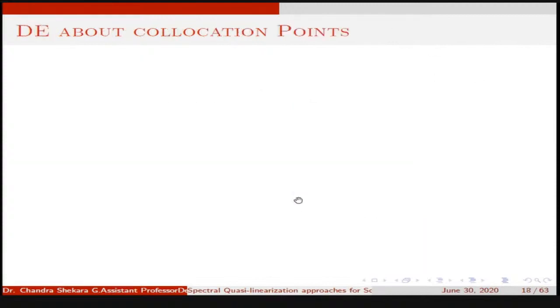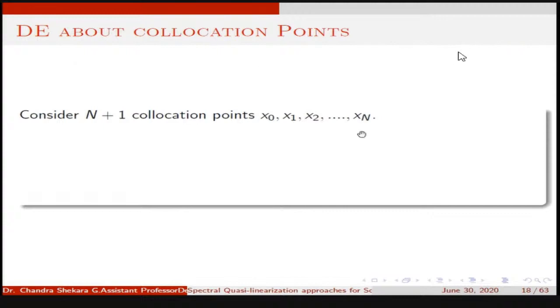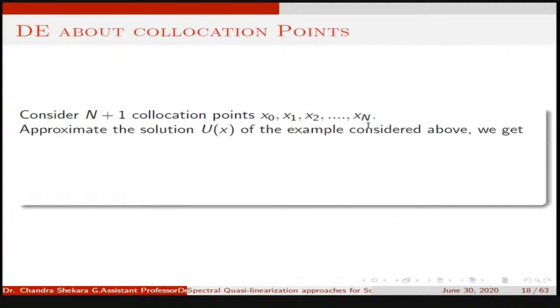The next step in this collocation method is to evaluate the entire differential equation at the collocation points. Suppose x_0, x_1, and so on up to x_n are collocation points. Then we approximate the solution capital U(x), for the example we considered, at each of these points.